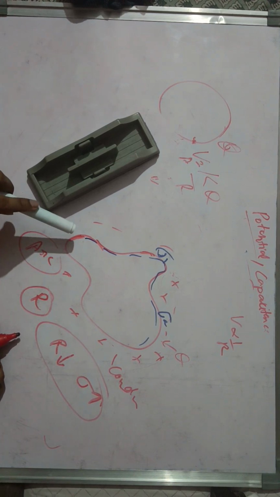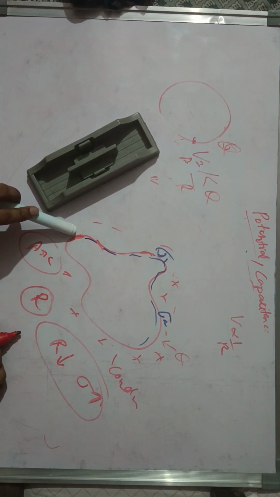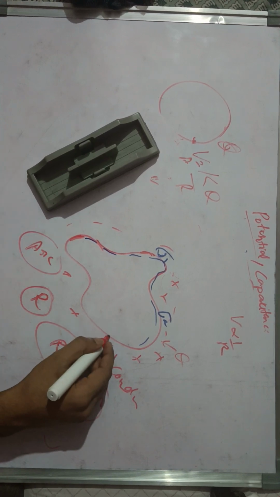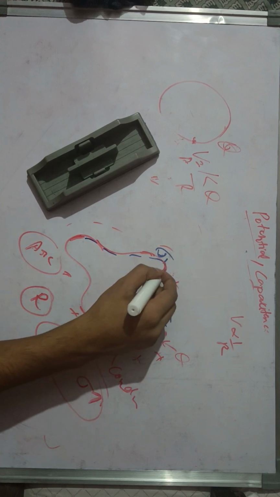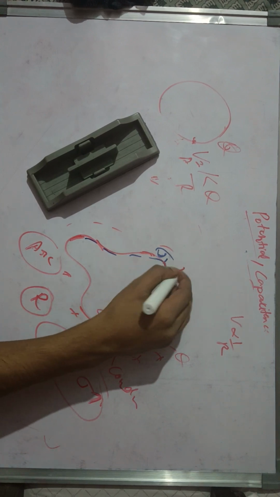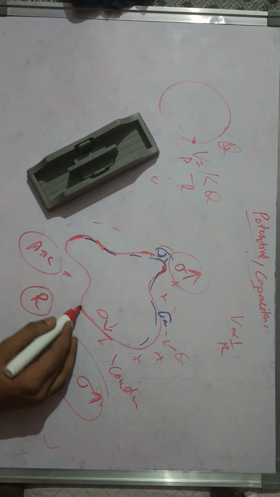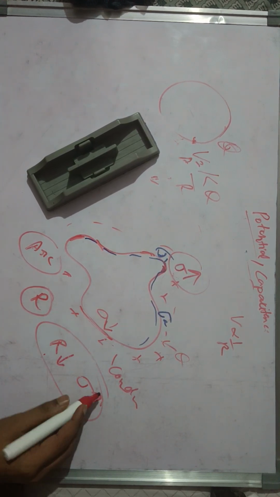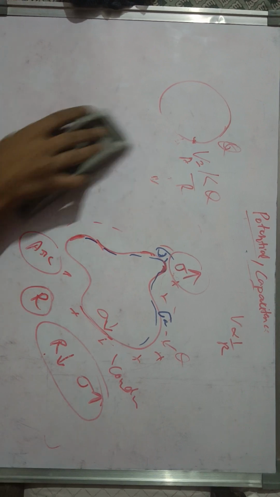Let's say this part has a very large radius of curvature, so its sigma would be less, and this part has a very small radius of curvature, so its sigma would be very high. So the lesser the radius of curvature of the surface, the higher the sigma, if I am right.